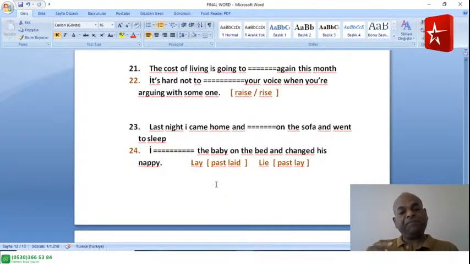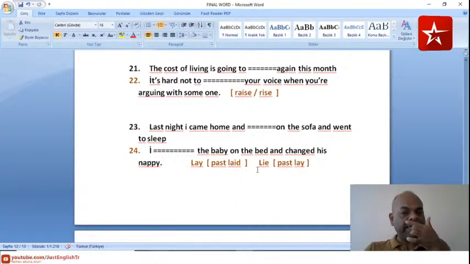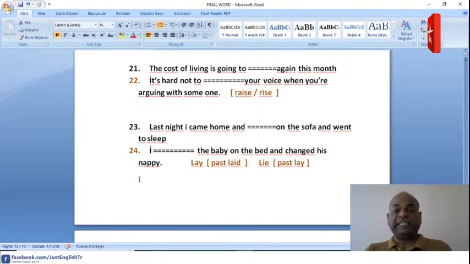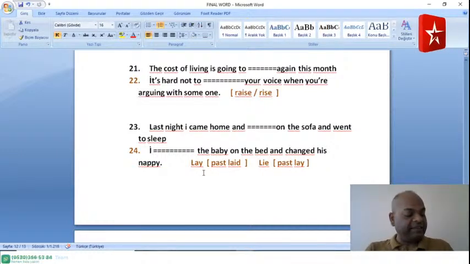Remember, lay in the bracket I've mentioned there: past for lie is lay, and past for lay is laid. So I dash the baby on the bed and changed his nappy. And your 23 says last night I came home and dashed on the sofa and went to sleep. Guys, let's have these answers quickly, guys.